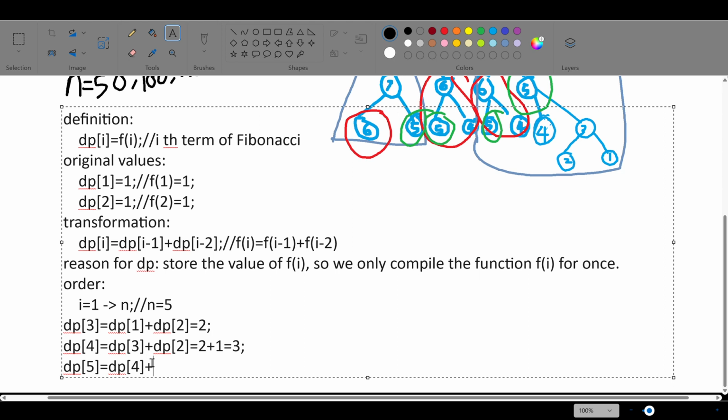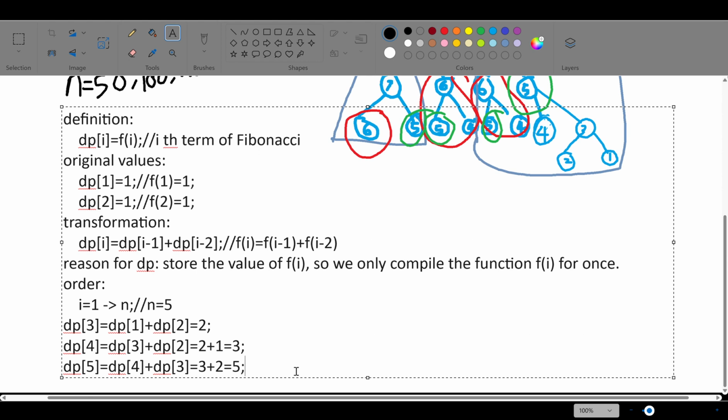Now we're going to figure out dp5. So dp5 is equal to dp4 plus dp3. We already have dp4 and dp3, so no need to call any function. We just plug the values in. We have 3 plus 2, which is 5.